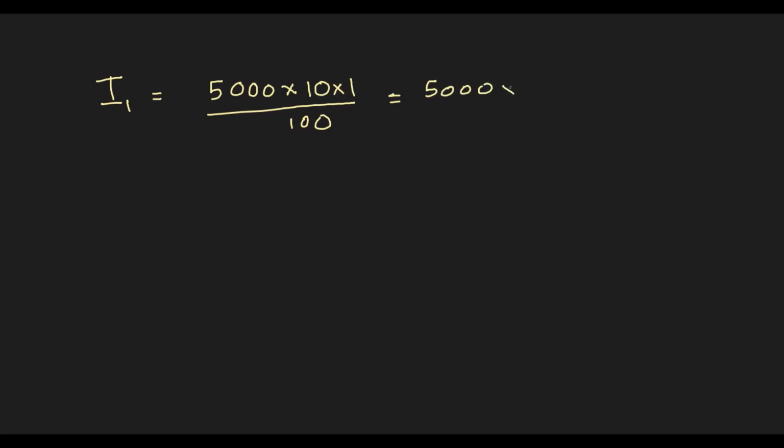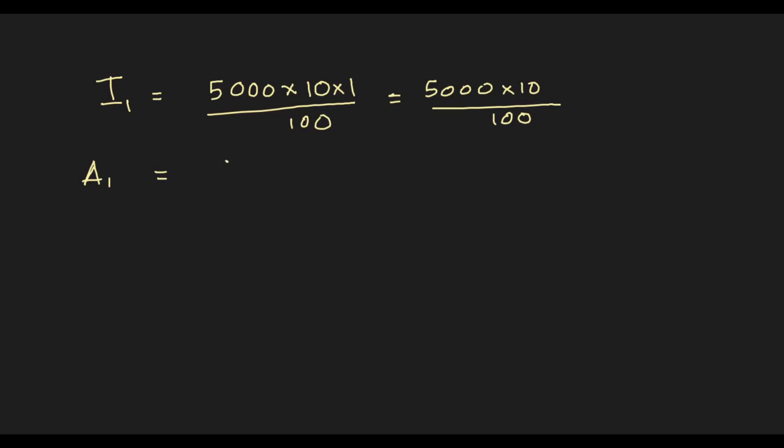Now let us find out how to find the compound interest using a formula. Here, in the case of Varun, the first year interest is calculated as 5,000 into 10 into 1 by 100, or you can write it as 5,000 into 10 by 100. And how will you find the amount after 1 year?